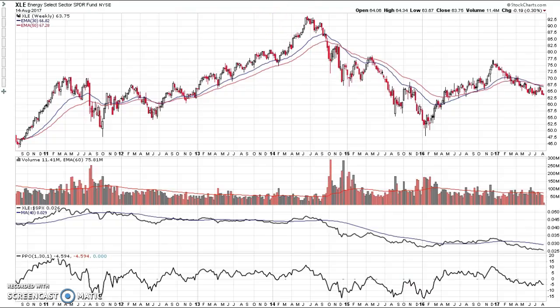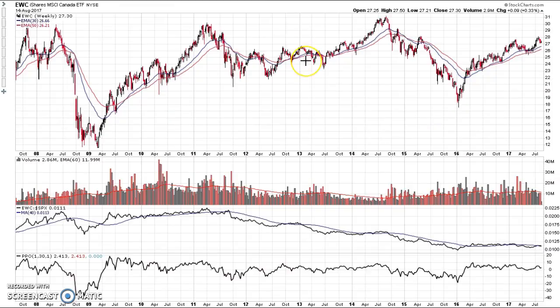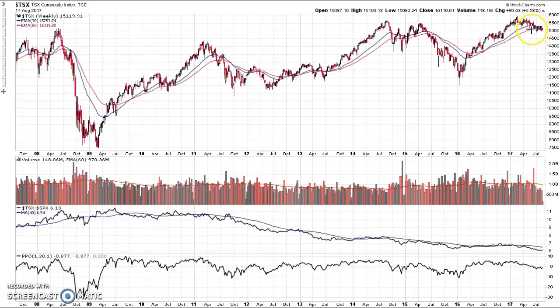Now, as far as trading the TSX and understanding what stage it's in, probably one of the best ETFs to use would be the EWC ETF. I'm not sure if there's an ETF on the Toronto Stock Exchange that tracks the TSX specifically, but the EWC is one of the biggest country ETFs, and it is a little bit more heavily weighted towards financials, which is why it's actually still in stage 2 here, where the TSX is starting to roll over a little bit below the moving average.